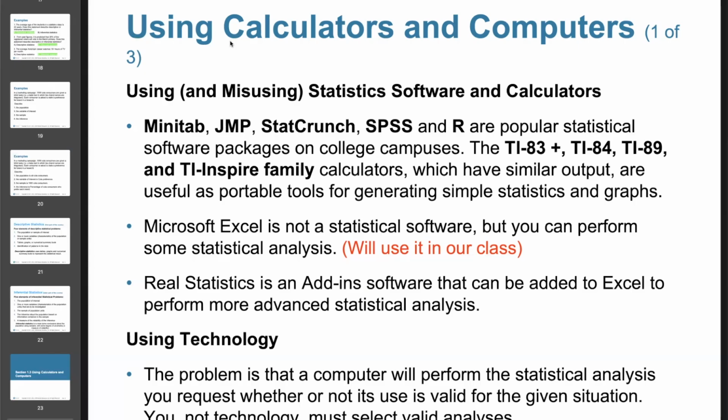But you have to fill this machine with the correct data so you can have the correct results in this case, okay? So as you can see, you, not technology, must select the valid analysis.